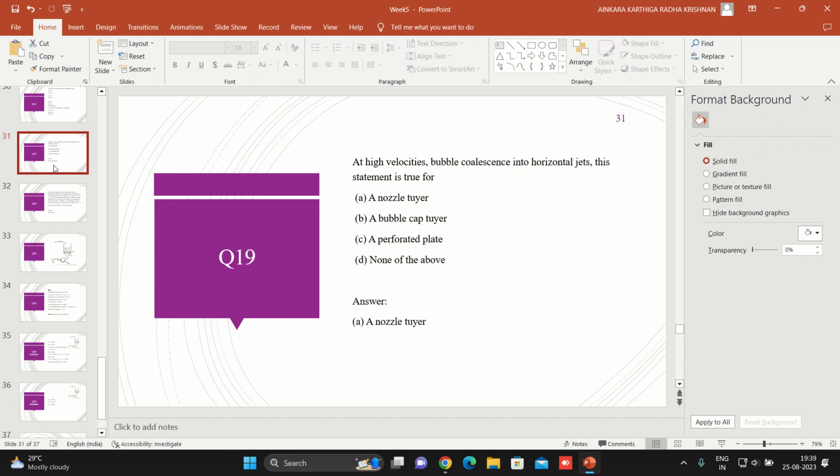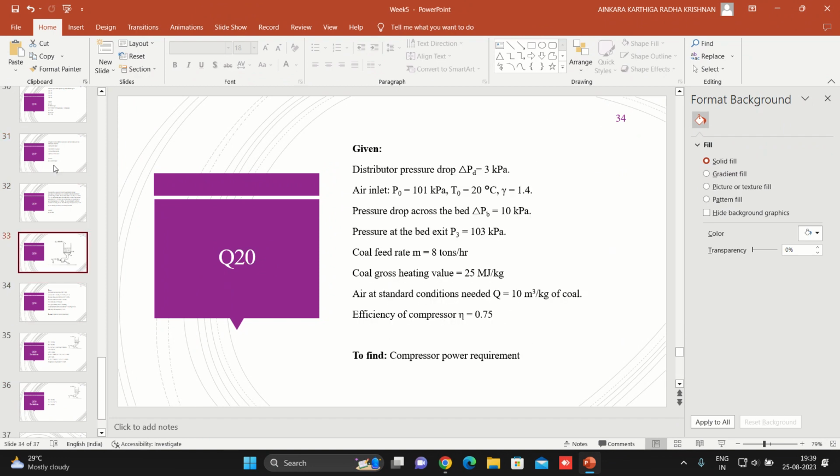So we know the formula from the previous problem itself.